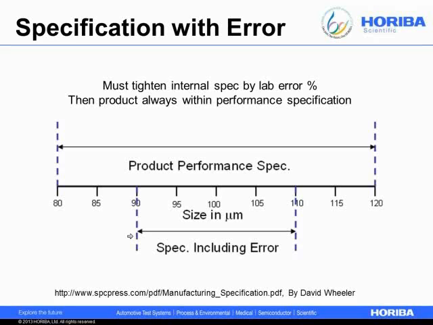The point here is simply, whenever you create a particle size spec, or any spec for any material, actually, any measurement, you want to include different error sources. And here we talk about lab error as some kind of aggregate error that rolls in operator error, sampling error, dispersion error, the actual instrument measurement tolerance error.